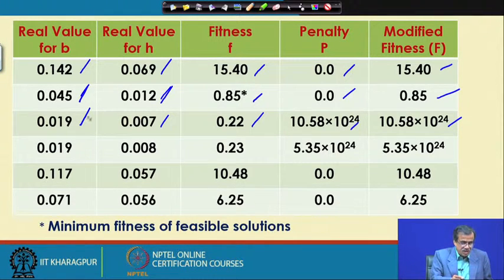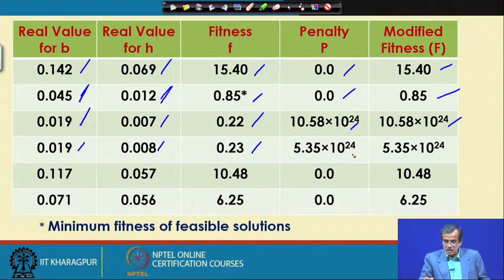For the fourth GA string, this is the real value for B, the real value for H, the original fitness. Once again there is a violation of the functional constraint and the value of the penalty term is 5.35 into 10 raised to the power 24, and this is the modified fitness, that is capital F, corresponding to the fourth GA string.